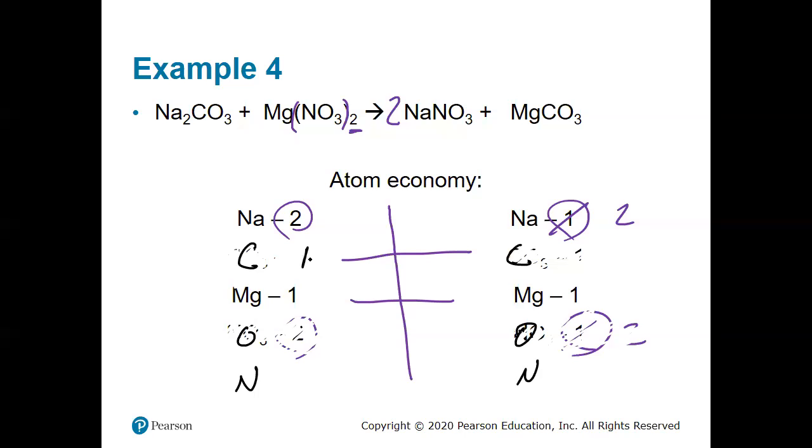Then I'd have one of these, and I'd have 9 of these, and 2 of these. I'd have 1, 6, 1. This isn't nearly as clear about what you need to do.